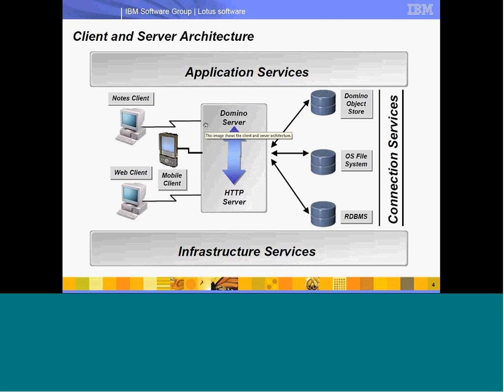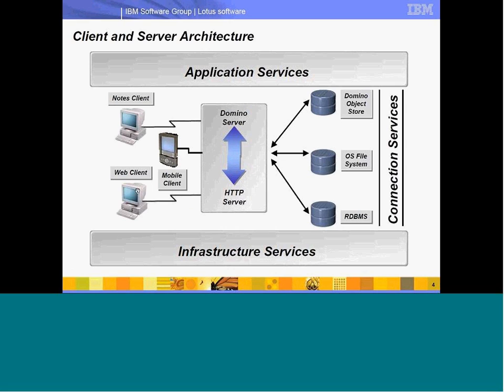I have a Lotus Notes client, the client which we use for messaging purposes, and I have a web client. I can access my emails through the web, like Internet Explorer or any web browser, or I can access any Lotus Notes based application which is designed and developed for the web, not only the mails.